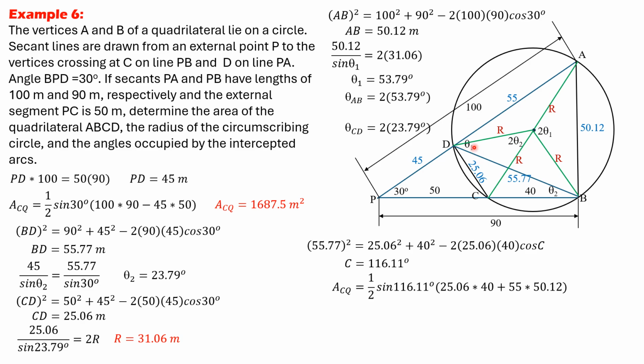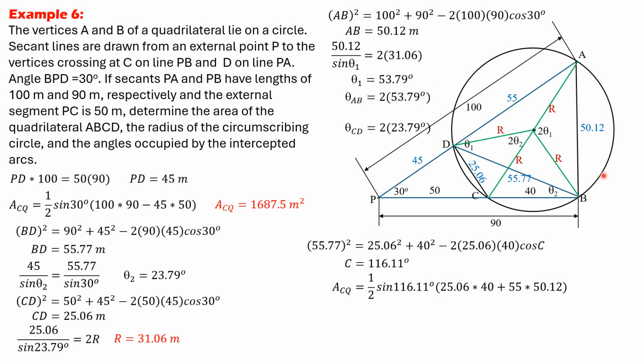After solving for theta 1, you may solve for theta 1 by cosine law, because we already solved 50.12 and triangle BAD has complete sides. Anyway, let's apply this so that you will not forget. Any side of the triangle to sine of the angle opposite it, sine theta 1, is equal to 2r, so theta 1 is 53.79 degrees.